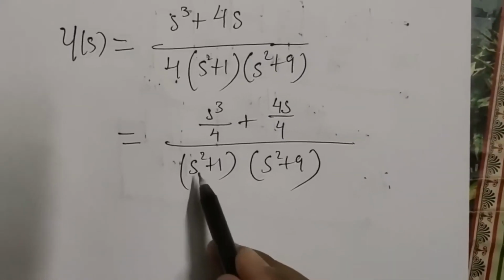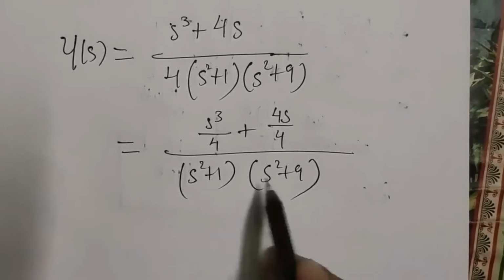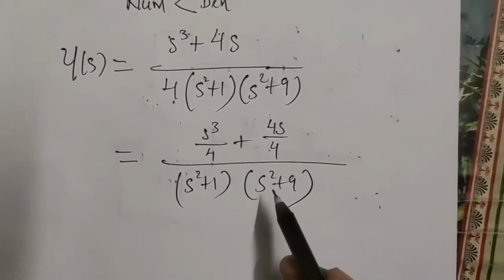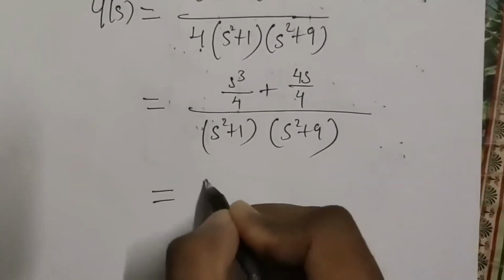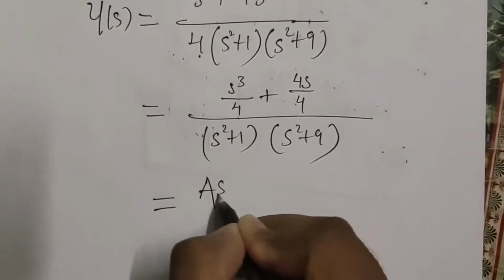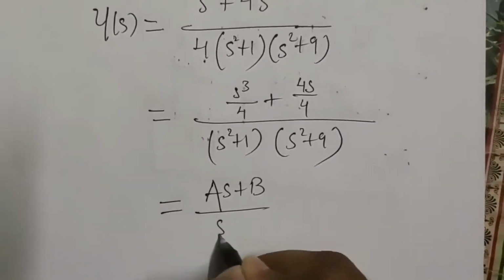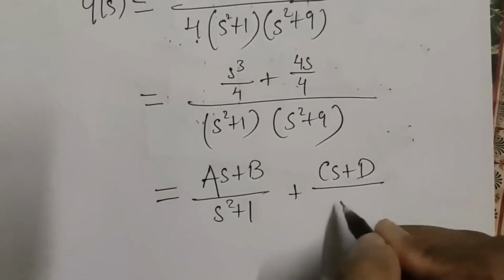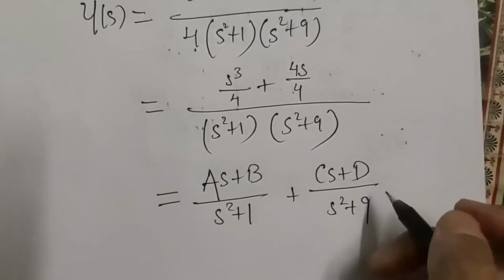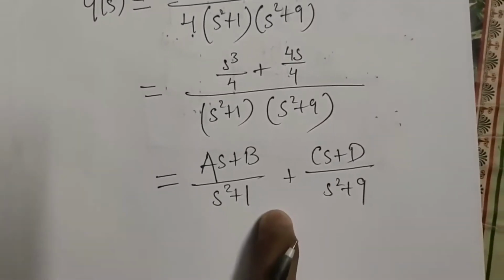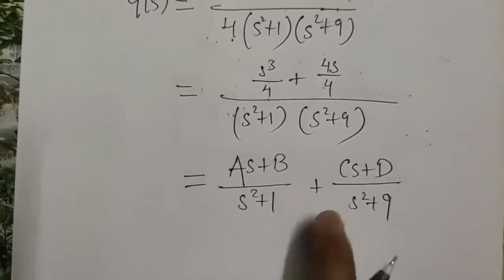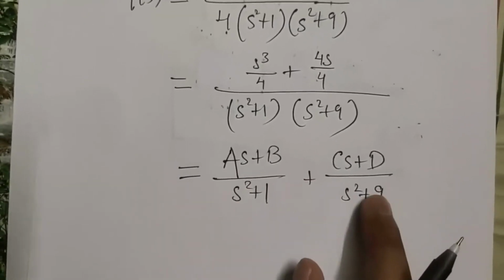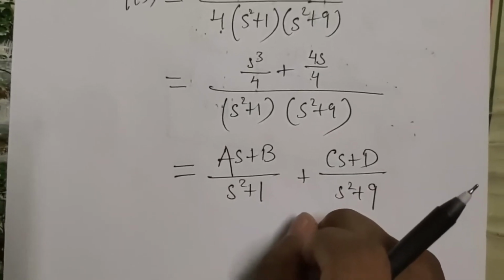Since here also we have two expressions of that same form, s square plus 1 and s square plus 9, if we apply partial fractions, it becomes (as plus b) divided by (s square plus 1) plus (cs plus d) divided by (s square plus 9). So here also the shortcut way of finding the constants is not applicable. The only way that we can find the constants is by finding the LCM and comparing the coefficients on both sides.